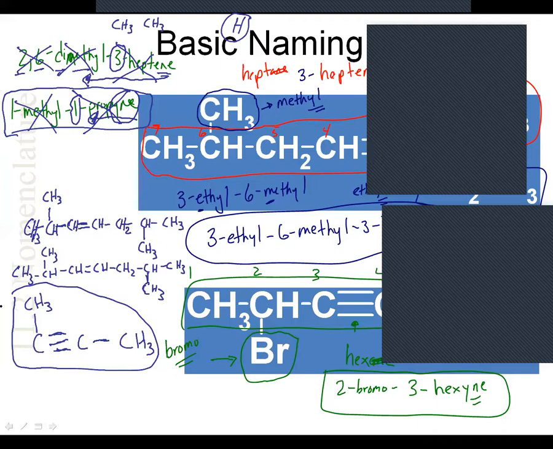So sometimes that happens. Sometimes you'll have a name like we had up there, and then when you draw it and count out all those carbons, it's actually something else. Sometimes people make up names, and sometimes it can actually be named correctly a different way once you draw the picture. But that would be the correct drawing for that name.